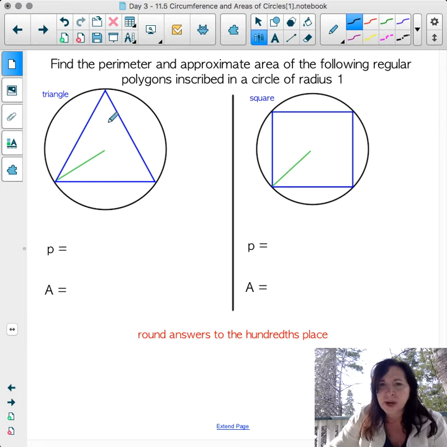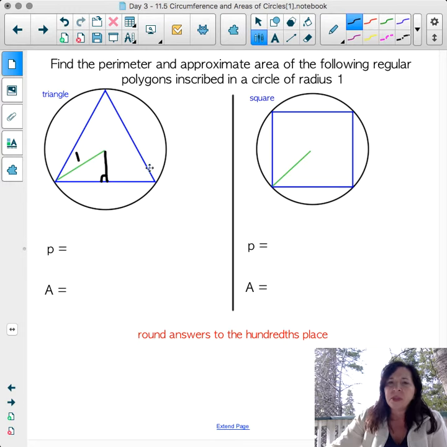There is a triangle inscribed in the circle. The radius is 1. We know that this length comes down here, and it is perpendicular. That's our apothem. We know that because this is a regular polygon, each of these angles is 60 degrees. We know then that this angle is bisected to 30, and then there's my 60 degrees up there.